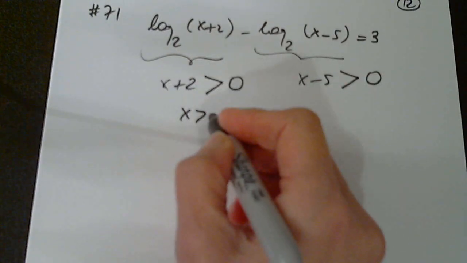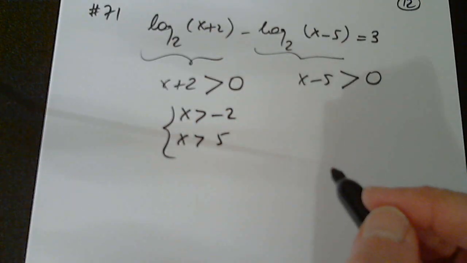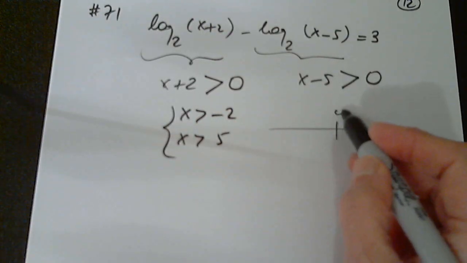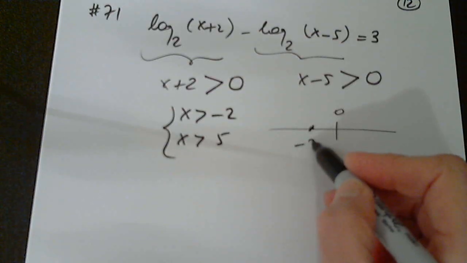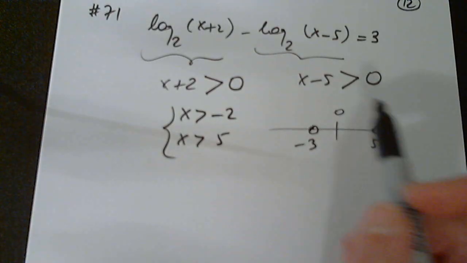So x is greater than -2, and x is greater than 5. Remember, here is 0, here is -2, and here is 5. So open, of course, for both of them.